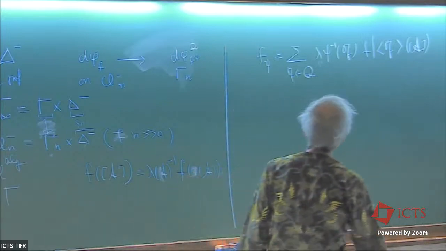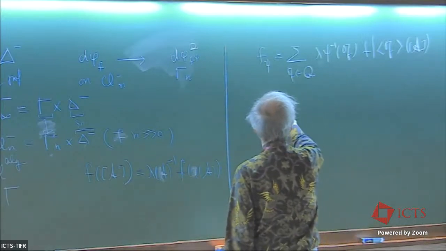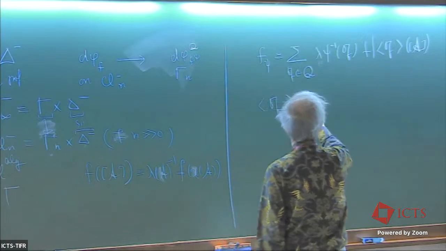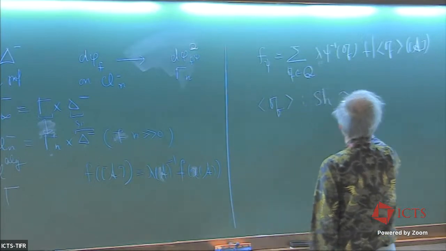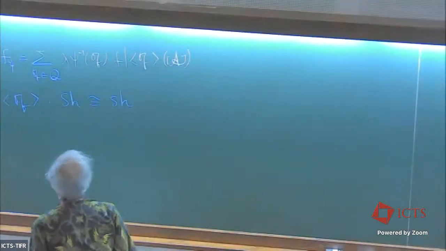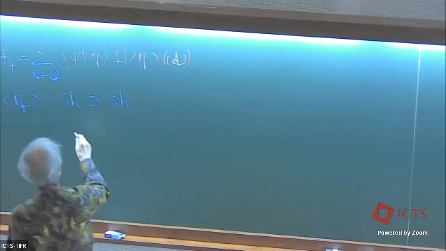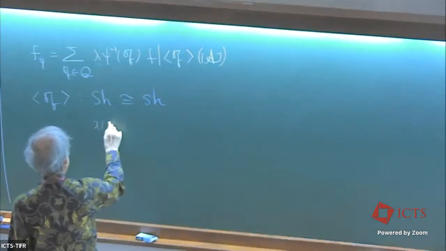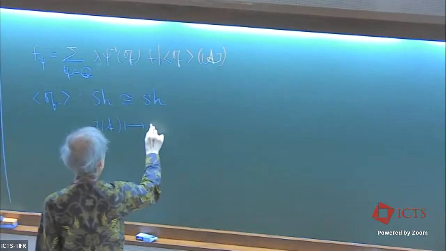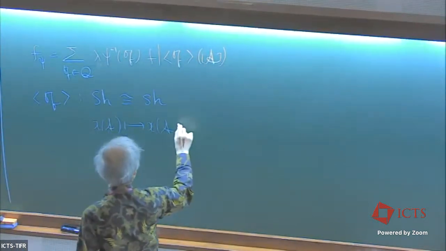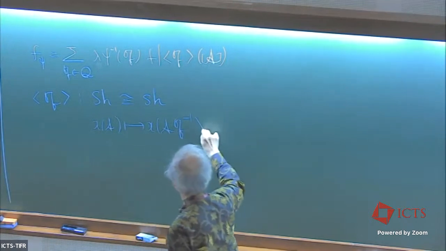And what is Q? Q is actually an automorphism of the Shimura variety, and it brings xa to xa Q inverse.